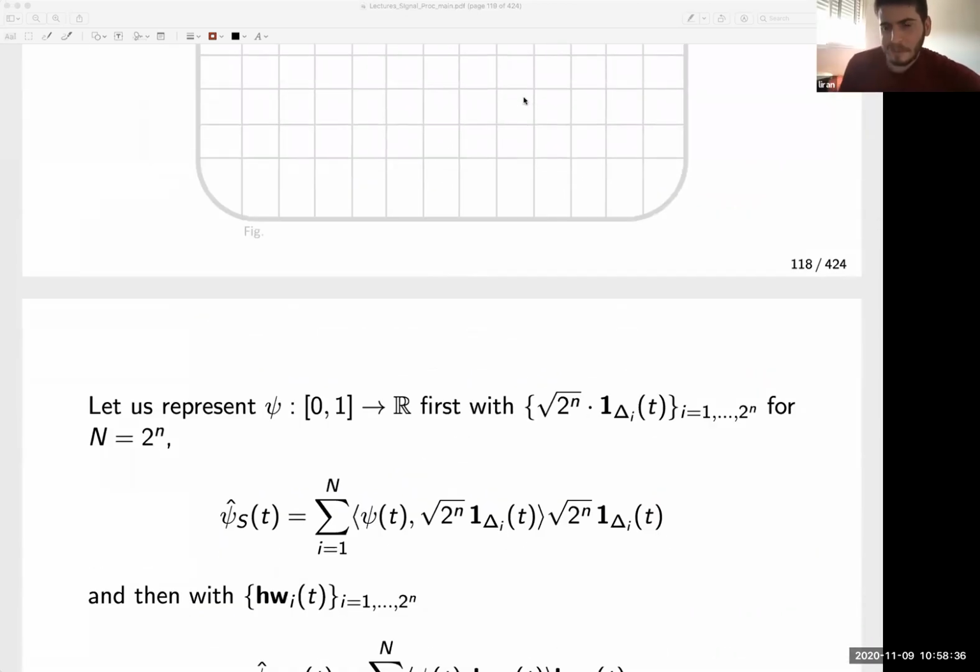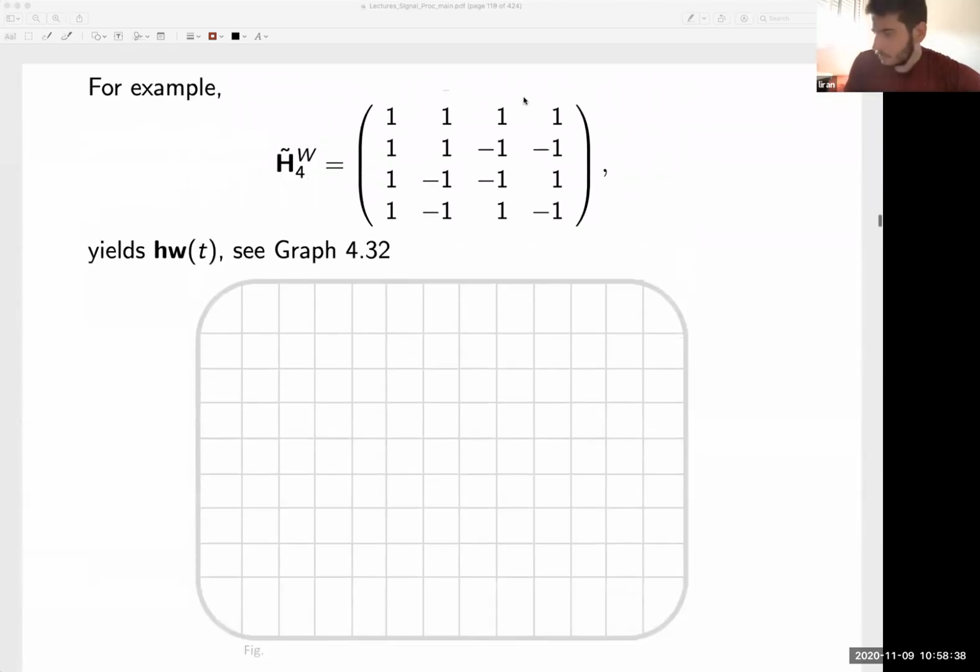But still, I don't understand why it's better, because the standard basis, I think. It's not a basis. Wait. We said orthonormal functions. Okay. Yes.